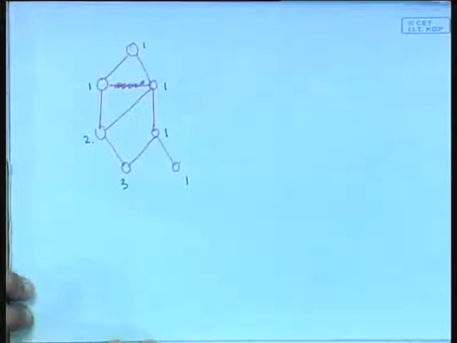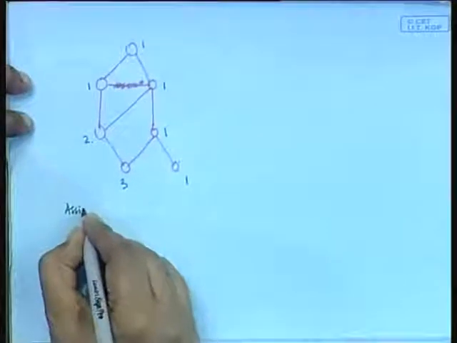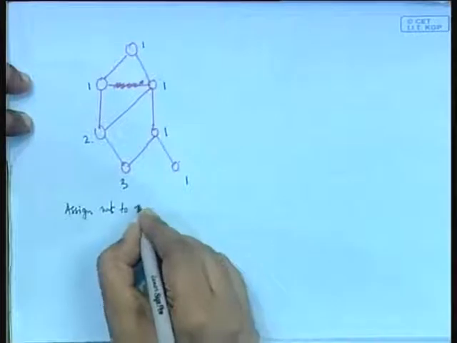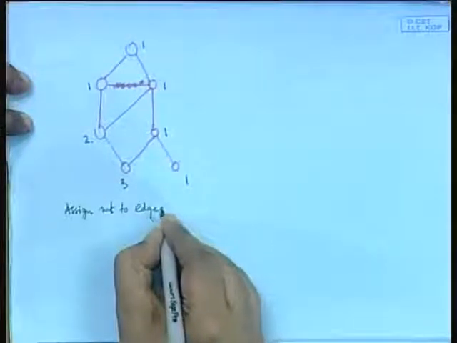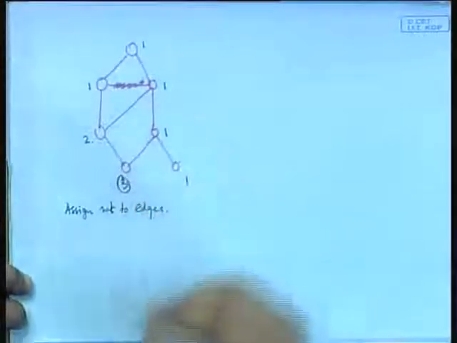Okay. So, now nodes have been assigned, but what is our aim? To assign weights to edges, not nodes. Nodes are not important, weights to edges. Okay. So, now assign weights to edges. So, now see what does this information mean?